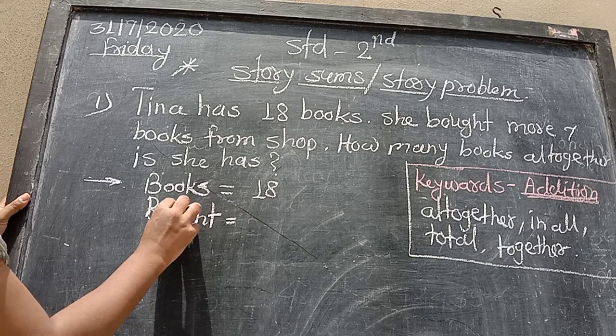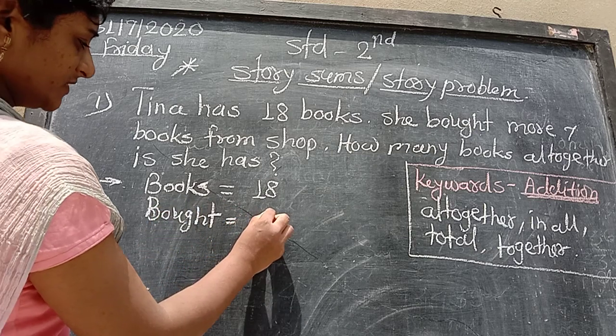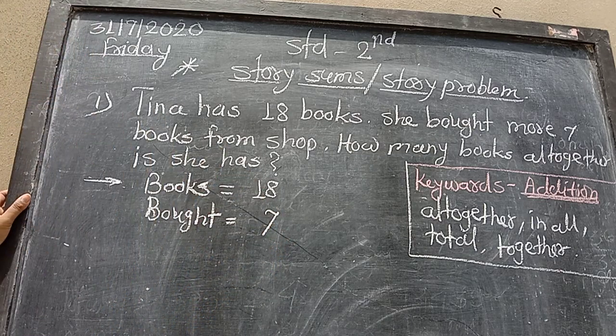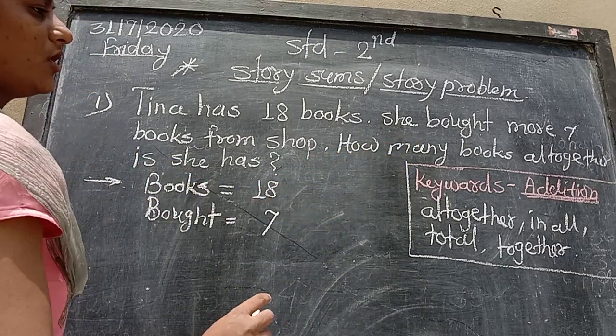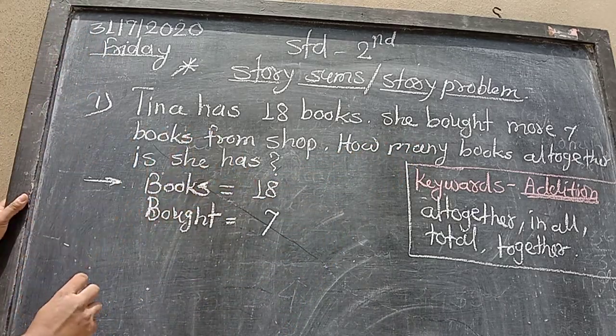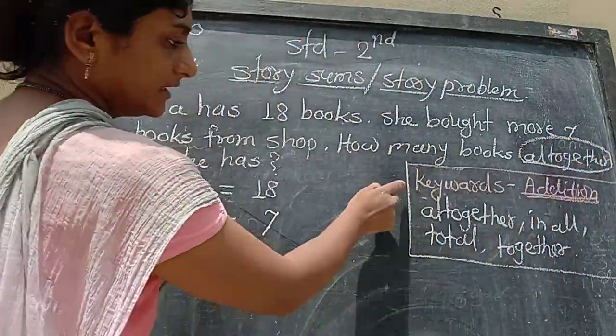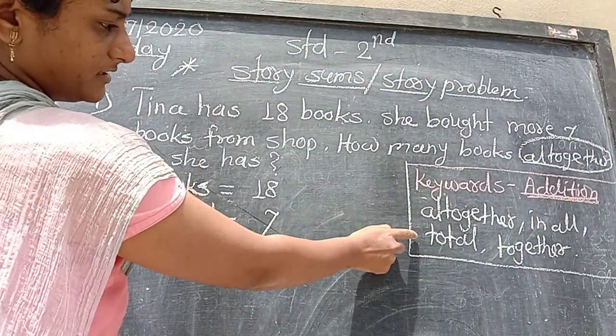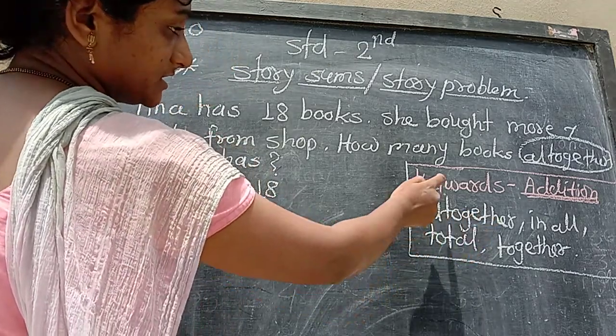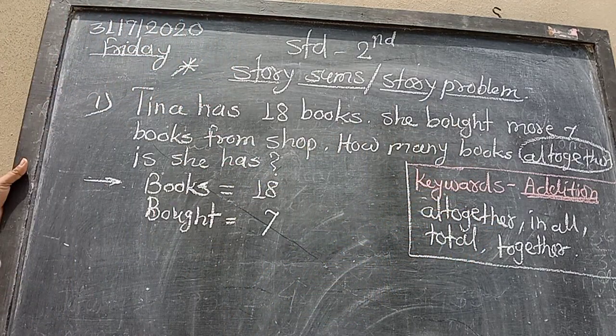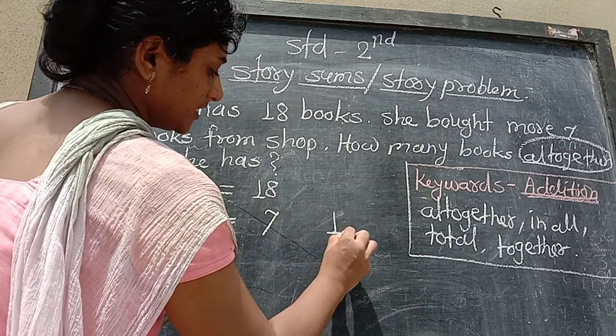Bought, B-O-U-G-H-T. 7 books from the shop. How many books altogether does she have? Now altogether, this word is the keyword. It means it is the addition operation. Okay, let's start the addition.